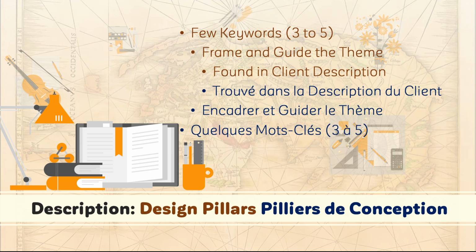You can find the pillars in your client description, your employer lead description of the task. It might not be obvious. You might create them from synonyms of what the client said, but it's a good start to find them.